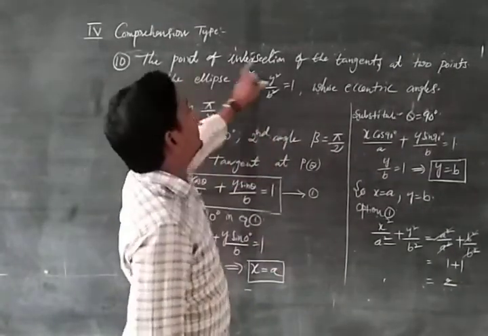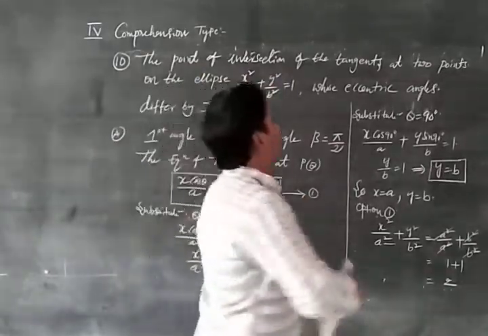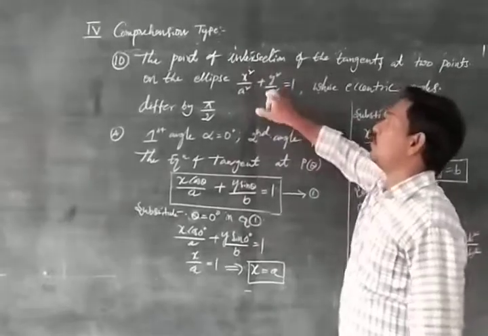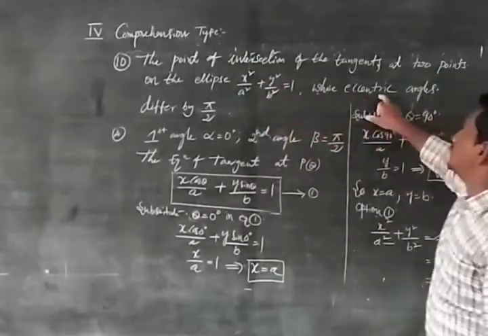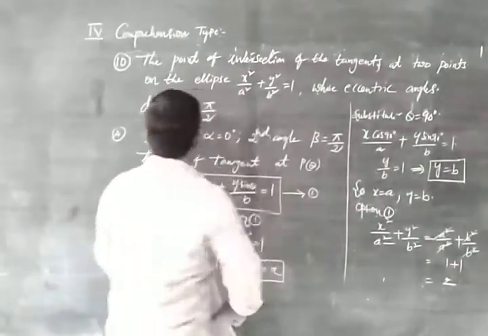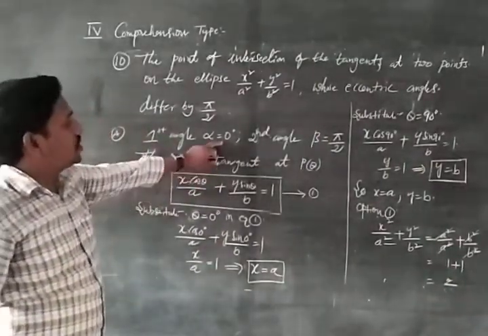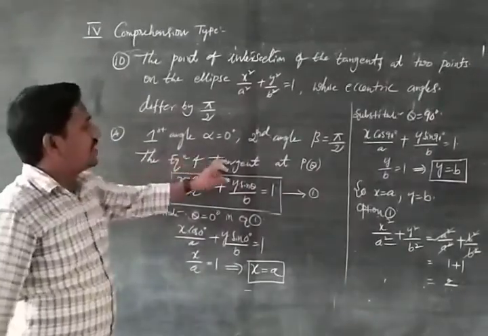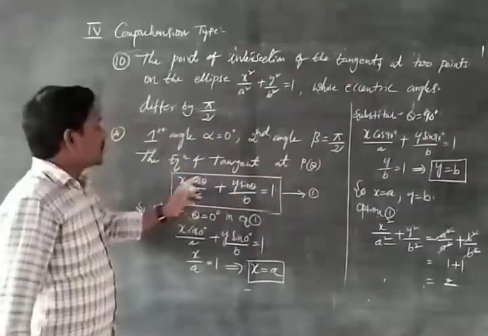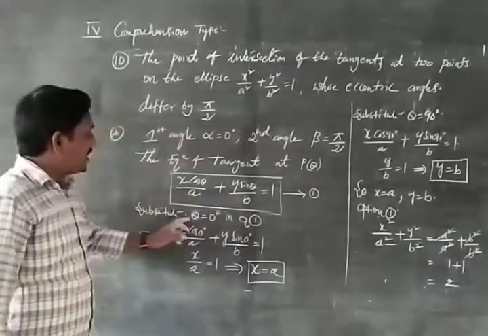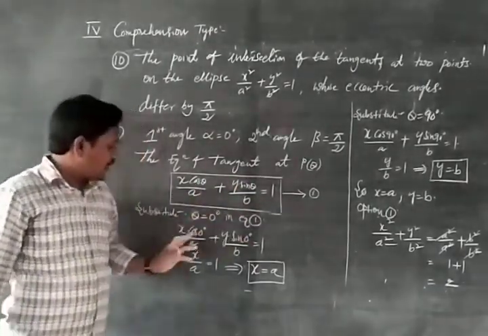So the point of intersection of the tangents at two points on an ellipse x square by a square plus y square by b square equal to 1, whose eccentric angles differ by 5 by 2. First angle alpha equal to 0 degrees, second angle beta equal to 5 by 2. The equation of tangent at P of theta: x cos theta by a plus y sin theta by b equal to 1. Substitute theta equal to 0 in equation 1.